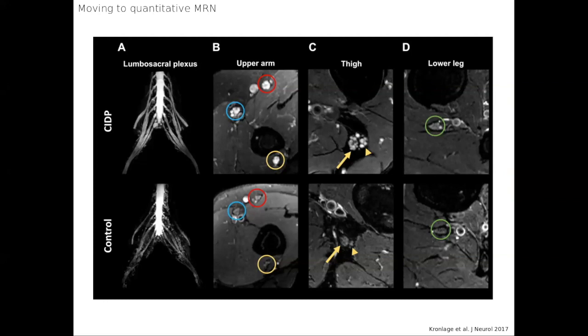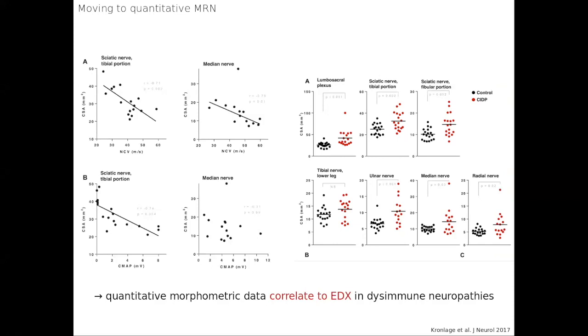And as we all know, the inflammatory neuropathies, especially CIDP, can have enlarged proximal nerve segments. If you look at the morphometric data and correlate it to the electrophysiology, you can clearly see a correlation of the morphometric data with the electrophysiology.